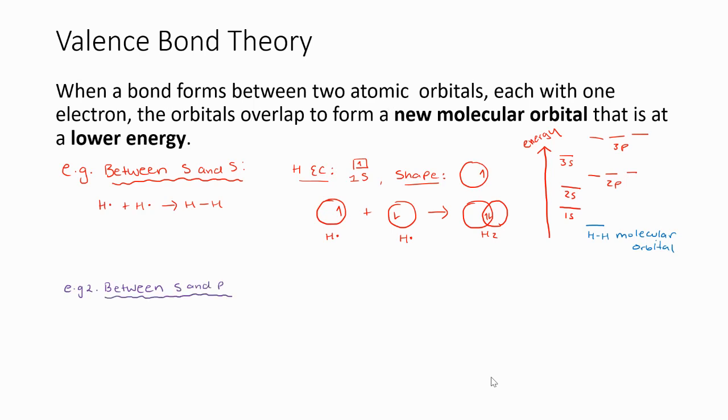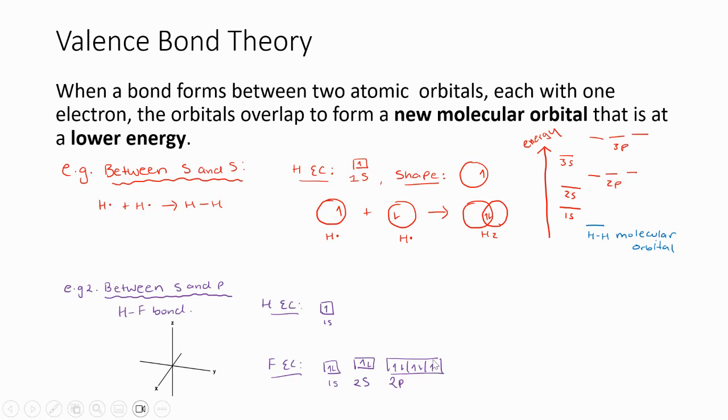Okay, let's look at another example between an s and p orbital. And we're going to look at the HF bond. So the electron configuration for hydrogen is the same as above. Electron configuration for fluorine, we can see that one of the orbitals in the 2p energy level is only half filled, so needs to join with another orbital to have a complete orbital.